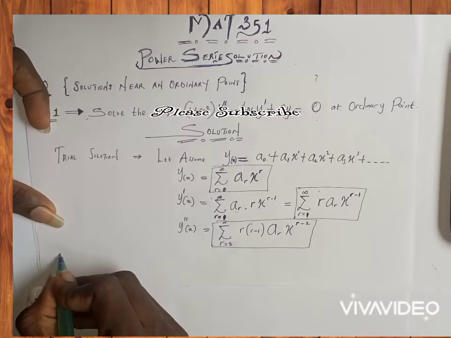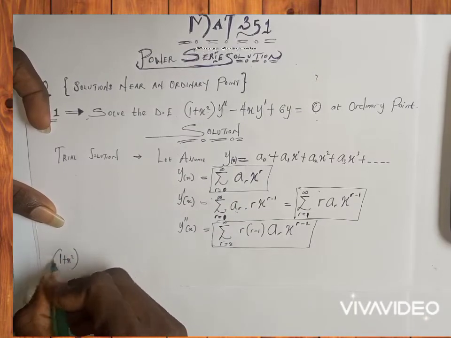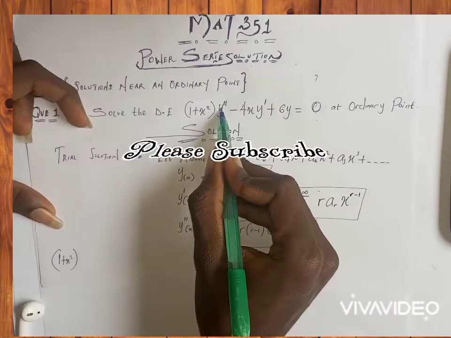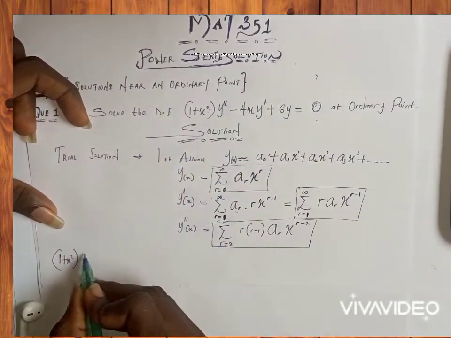Recall that we have (1 + x²) times the second derivative, and the second derivative is given as thus.